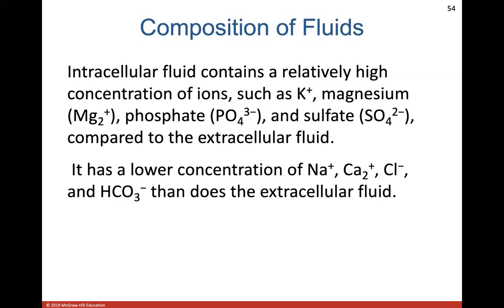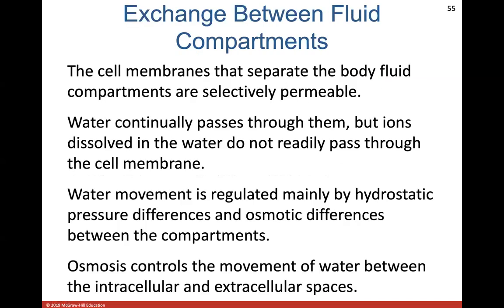Regarding the composition of your fluids, intracellularly you have lots of ions: potassium, magnesium, phosphate, sulfate, a much higher concentration of these ions inside cells versus extracellular, but a lower concentration of sodium, calcium, chloride, and the bicarbonate ion than the extracellular fluid. The exchange between extracellular and intracellular is controlled by the cell membrane, if you remember.